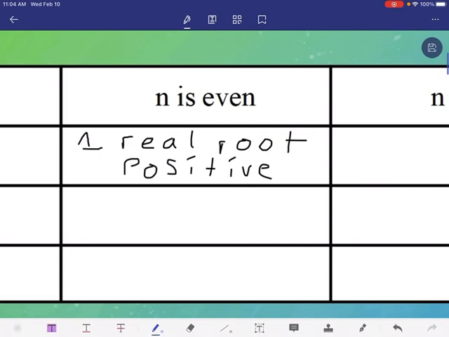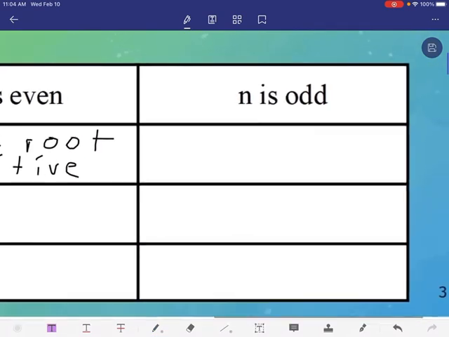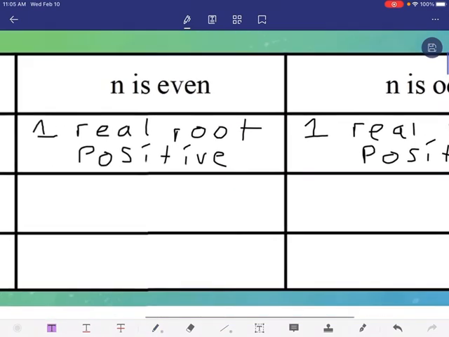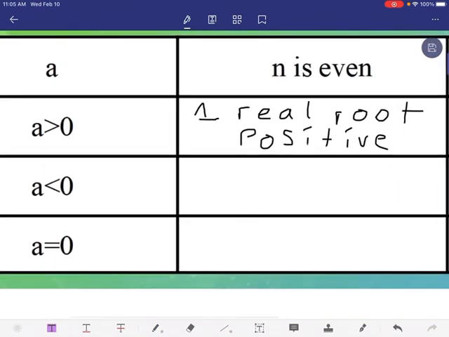This would also be true if my n is odd. So we would still have 1 real root and it's going to be positive. Now what changes is when the stuff on the inside, or remember what's called our radicand, is negative. So if our radicand is negative and we have an even root, there will be 0 or no real roots.